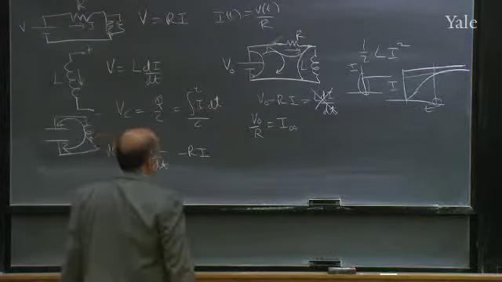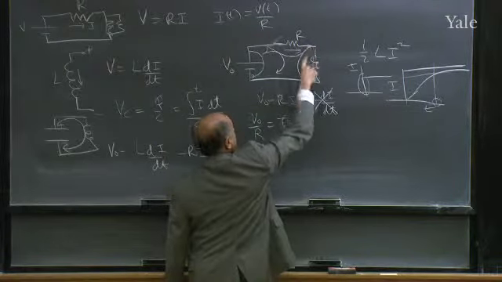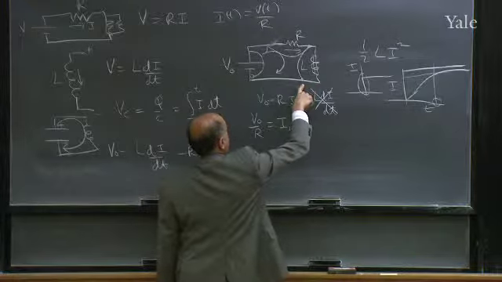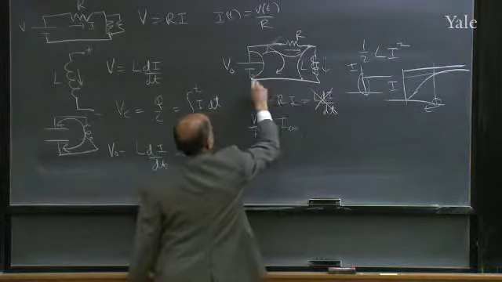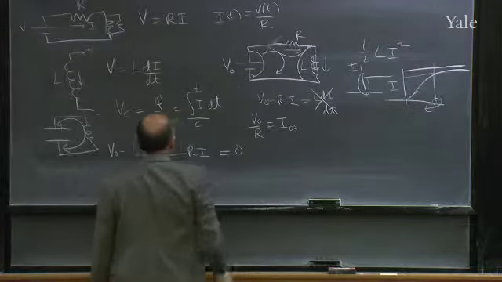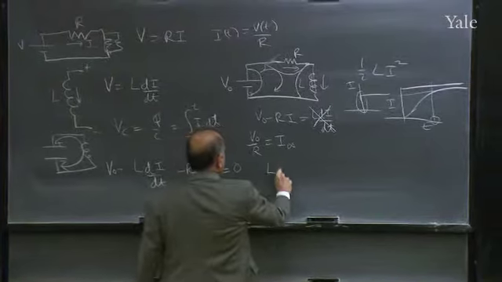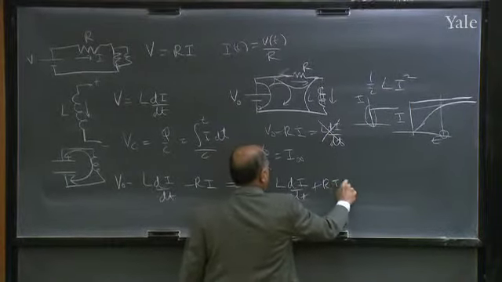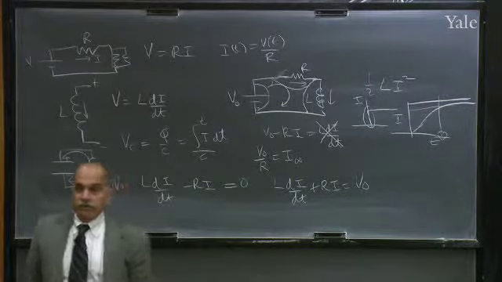But I've told you multiple times that even though there are non-conservative things going on inside it, once you come outside, you just find a regular electrostatic potential difference equal to L di/dt. So you drop again, then you come back to where you started. The whole thing should add up to 0, which means the equation is L di/dt plus Ri equals V0. That's what we want to solve.